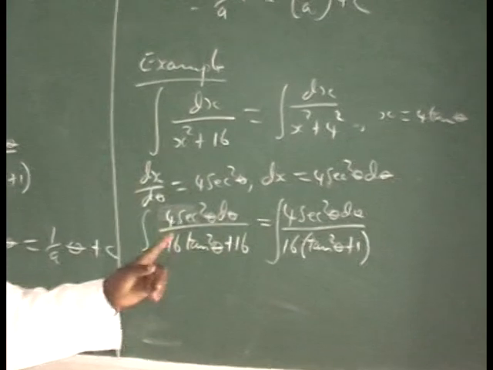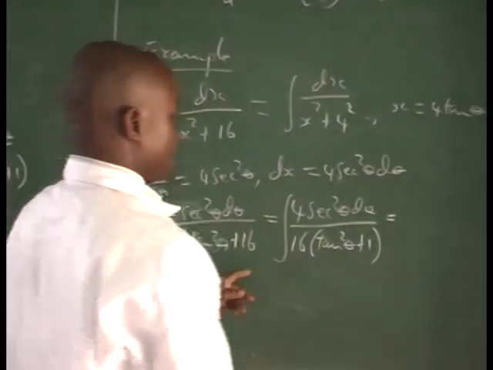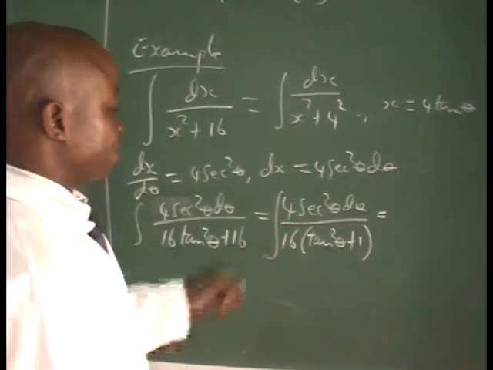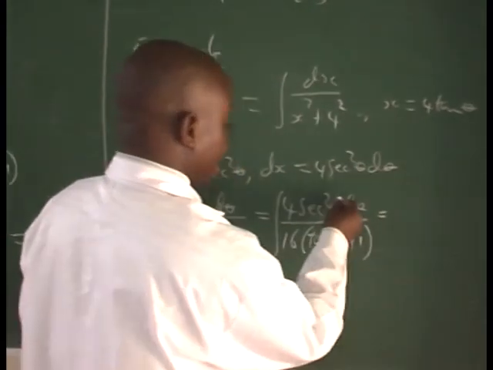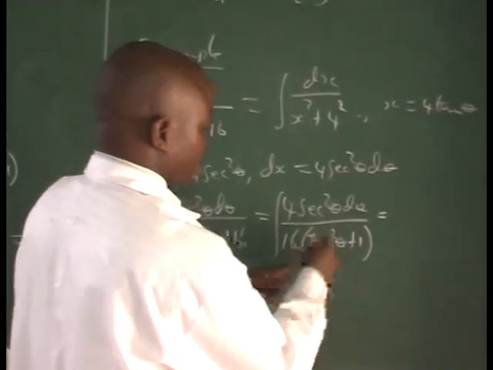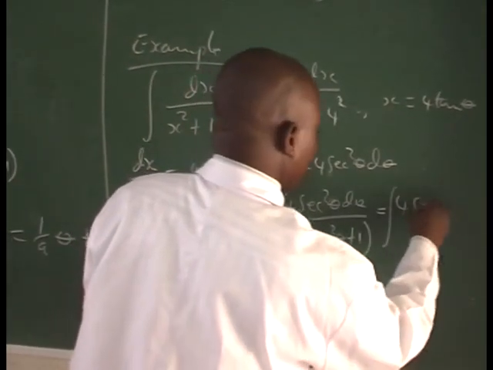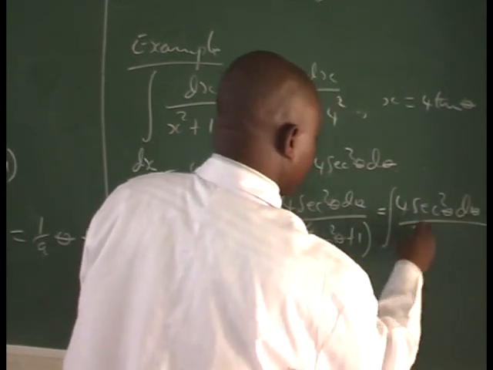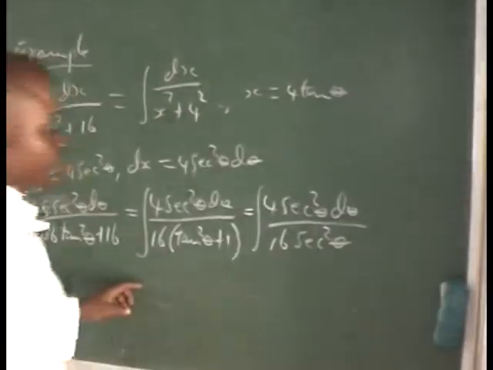And if we do that, you see, this can cancel here, this can cancel here. And this one is sec squared. So we have the integral of 4 sec squared theta d theta all over 16 sec squared theta.